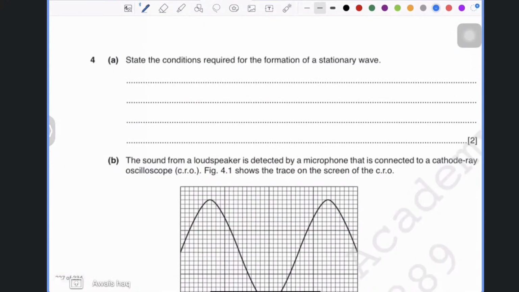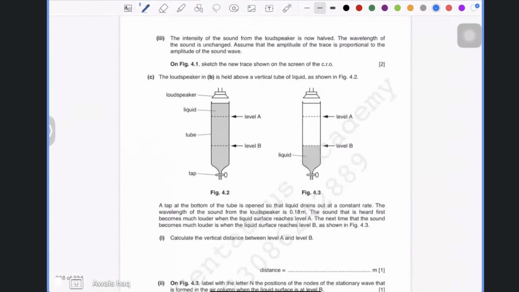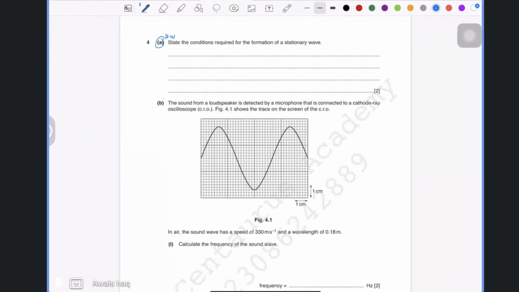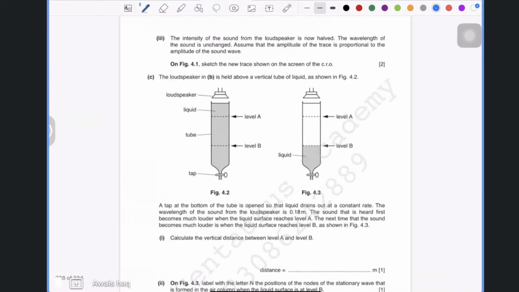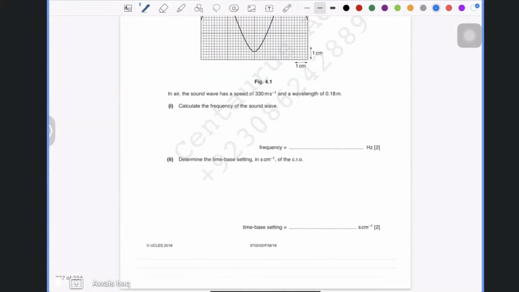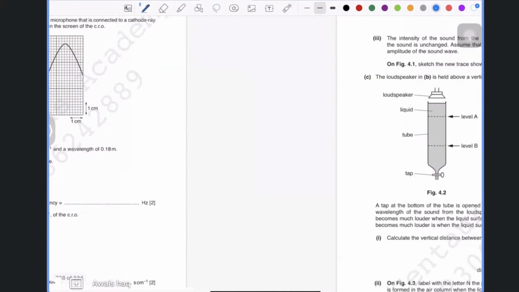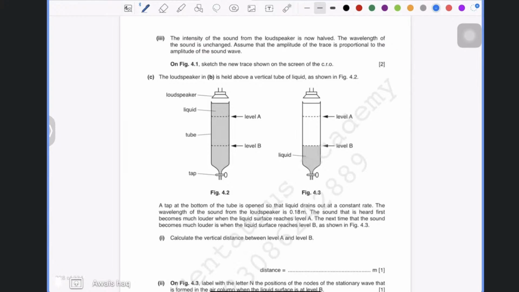So again, the same question. This is what you're going to do, because this is like the same. I'm actually interested in doing this question. So what it says is that the loudspeaker at B is held. And then they've shown you two levels where the water was taken out.